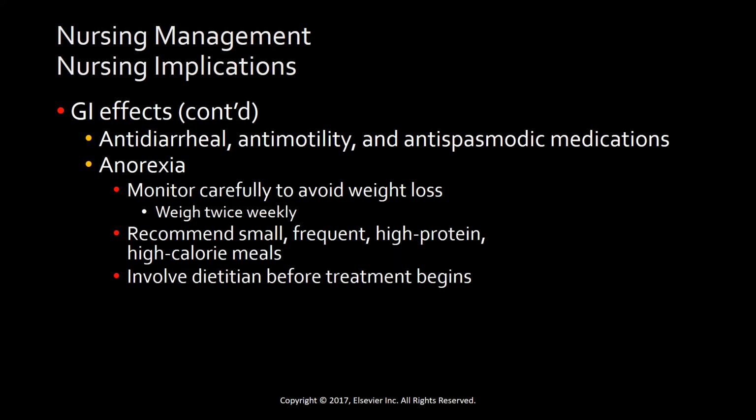So we have to teach the patient to limit foods such as fresh fruits, veggies, seeds, and nuts to prevent the diarrhea. Other foods to avoid include fried, fatty, or highly seasoned foods and foods that are gas producing.